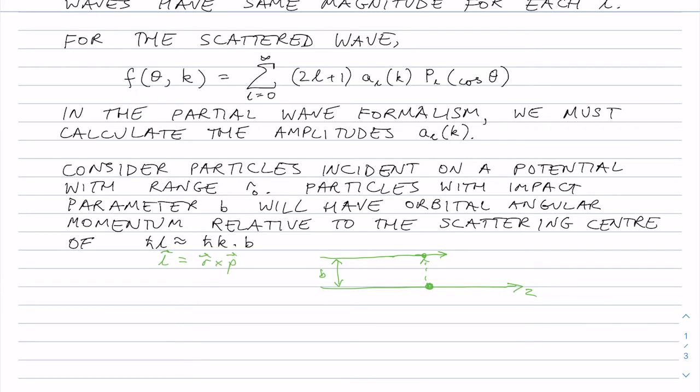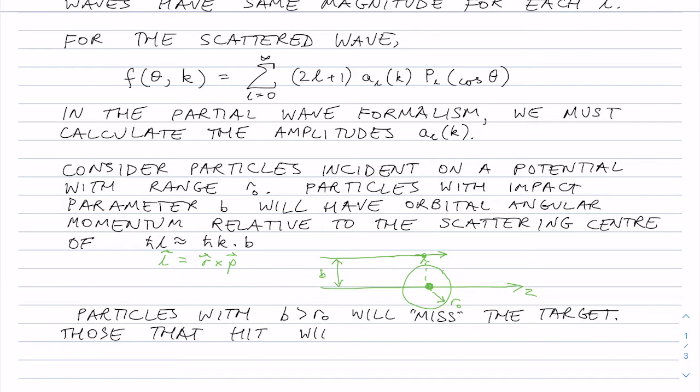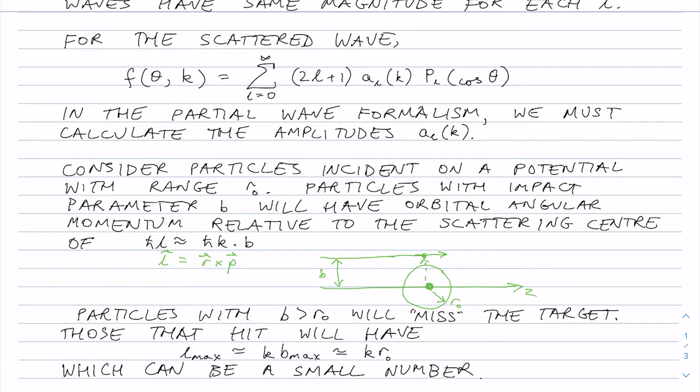And we should put on this also some finite radius here, r naught, which is the range of the potential. So the point is that if you're at b greater than r naught, you will miss the target. So this is a heuristic that kind of enables us to understand why we can truncate this sum.